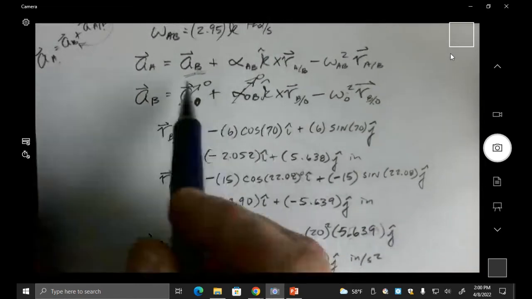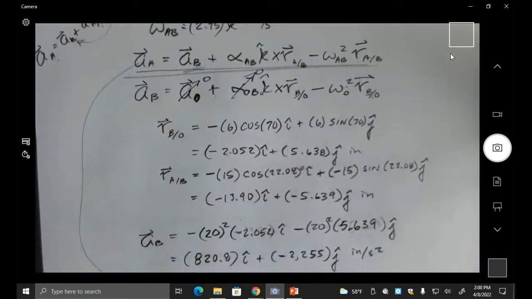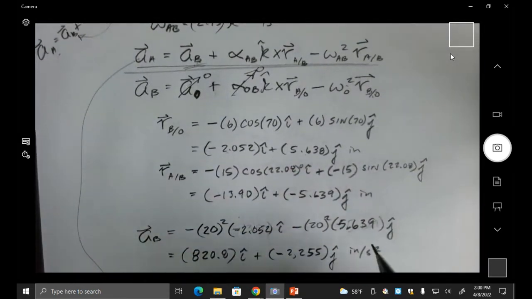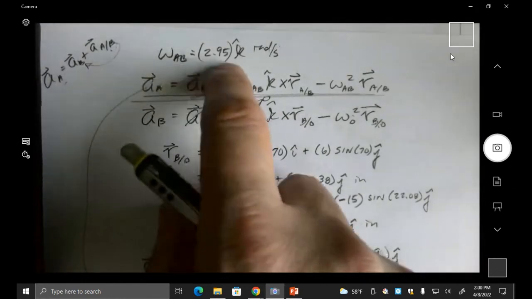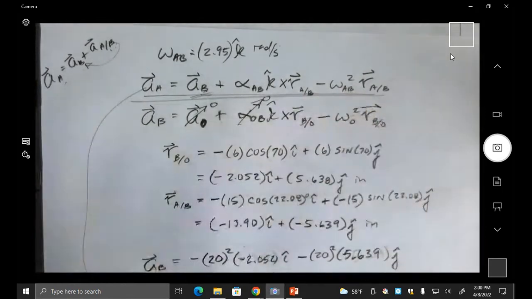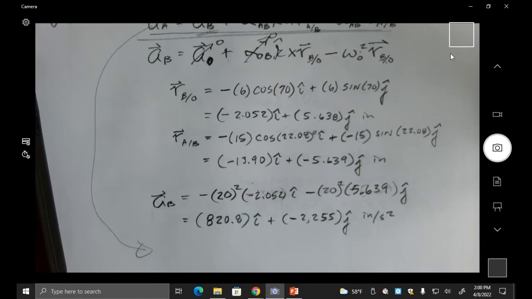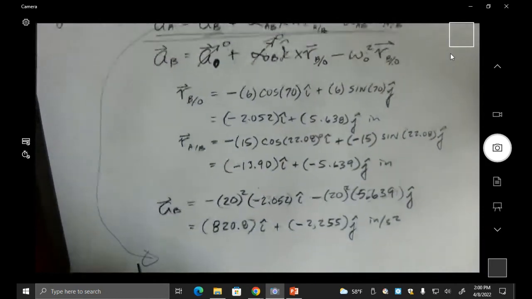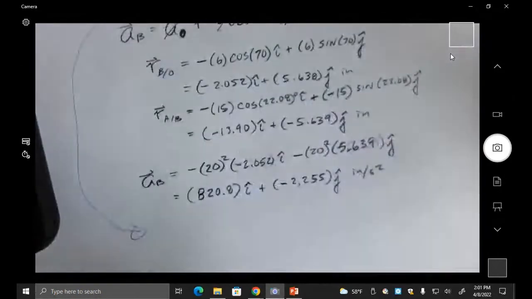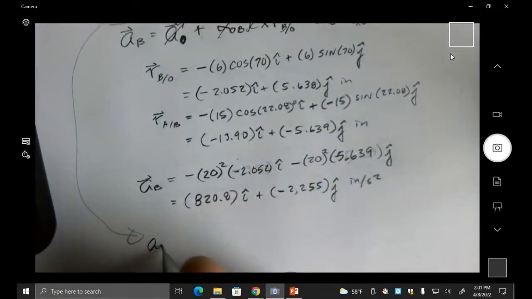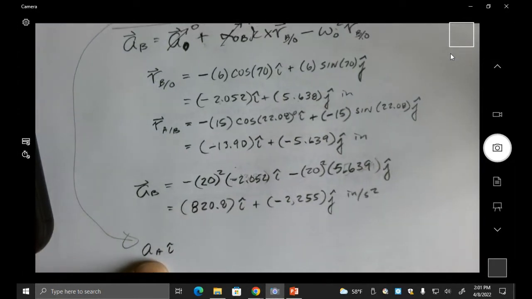So we come back to this equation right up here and start working through. I didn't actually need to write this right here, because we already knew that we're just going to square it anyway. And something we should also say: the acceleration of A is going to be only in the I direction, so it doesn't have a hat, so that's just the magnitude.